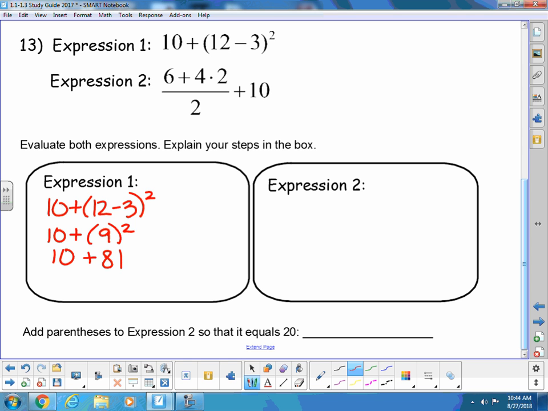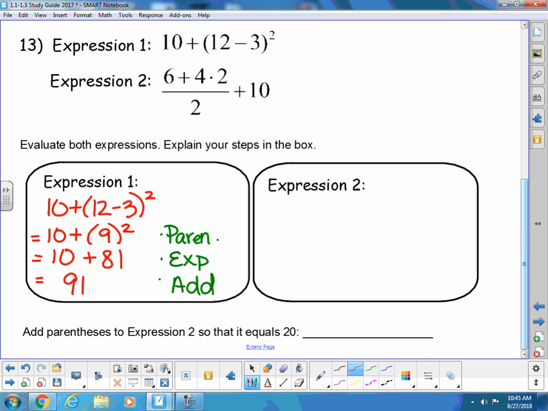And then add them together. 91. As far as an explanation goes, it can be as easy as parentheses, exponents, and then addition were the 3 steps I completed. Right, on those words, I'm just abbreviating there.